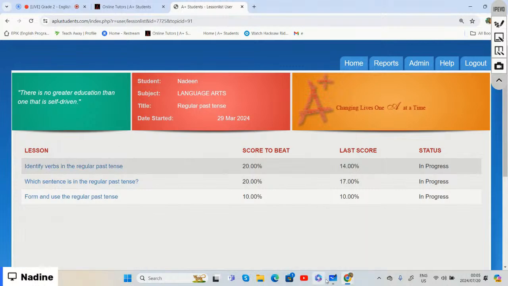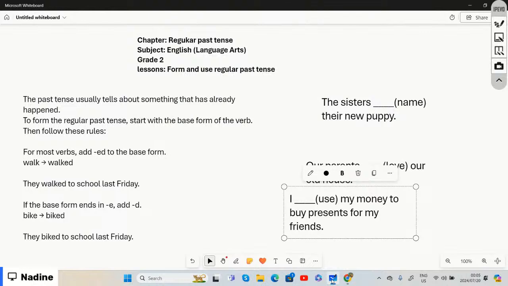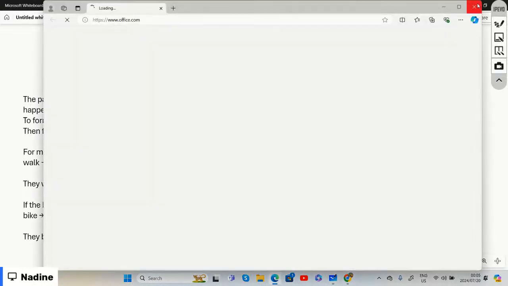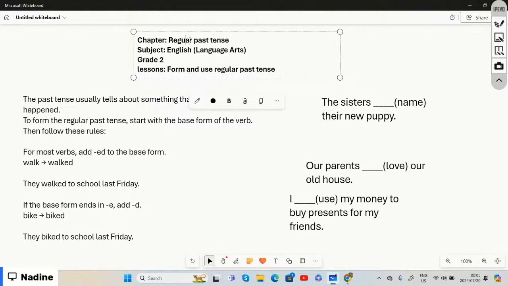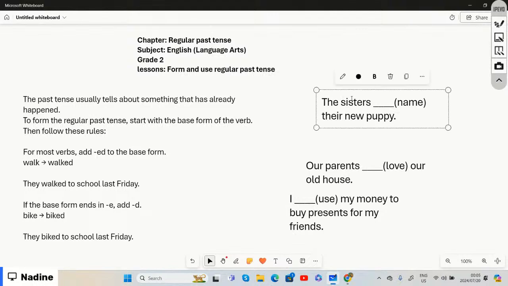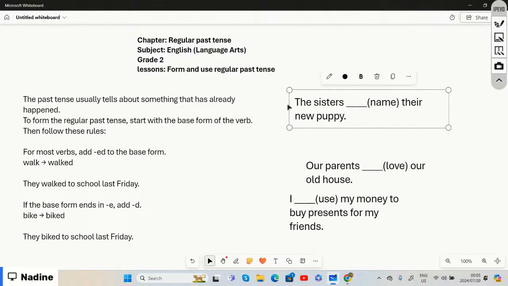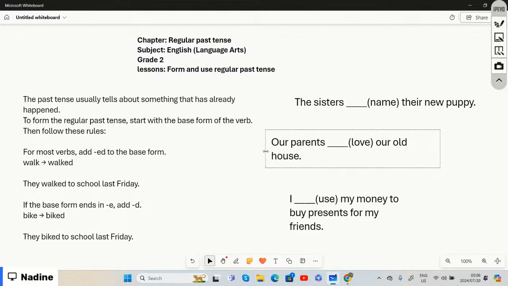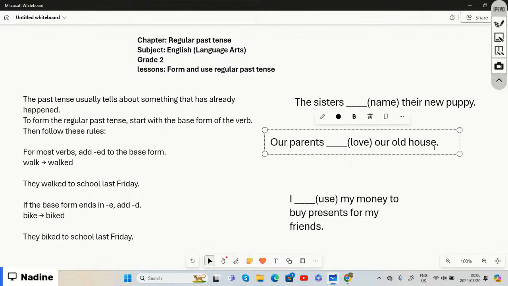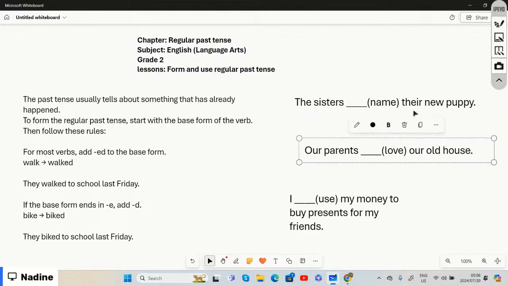But today our chapter is regular past tense, our subject is English Language Arts, grade 2, and today's lesson is to form and use regular past tense.